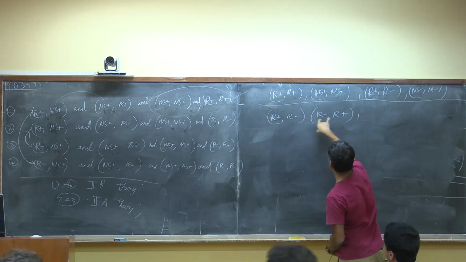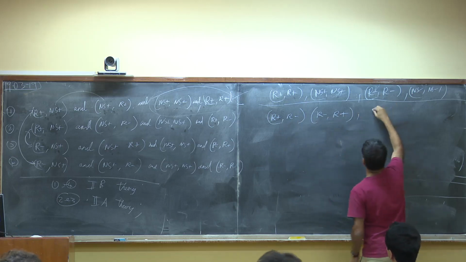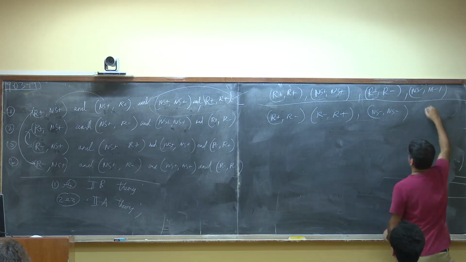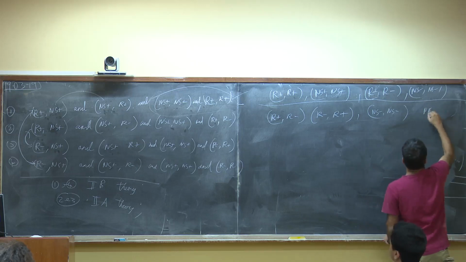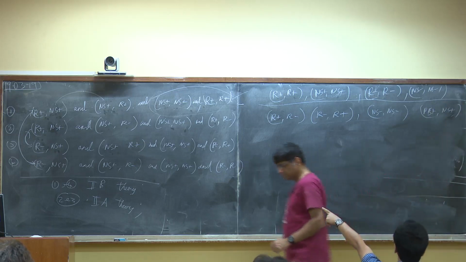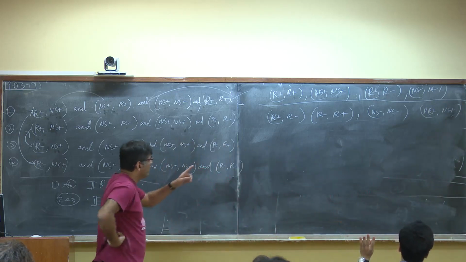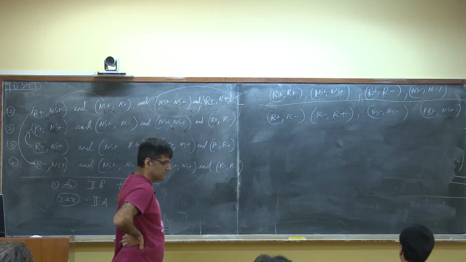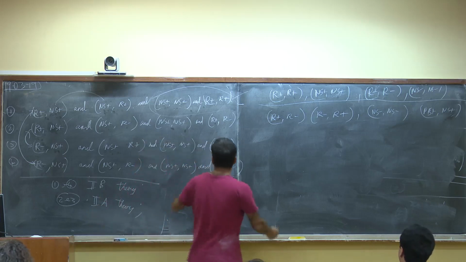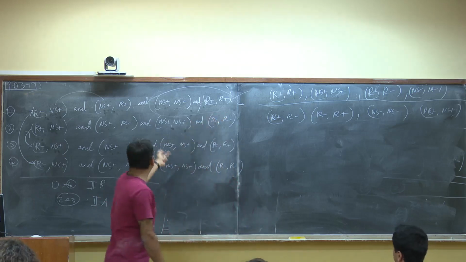This will give us NS minus and NS plus. No, I mean if we were also to include the NS plus NS plus. I'm sorry, this is just fine. Yes, this is consistent. And the other two will be plus minus flips of this.